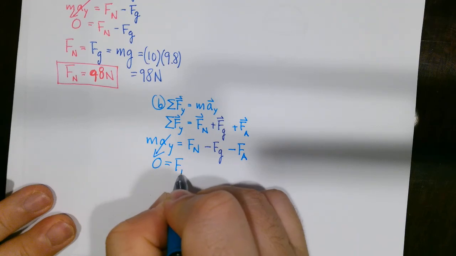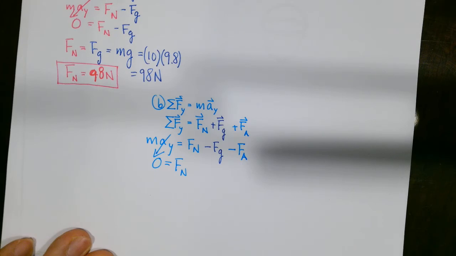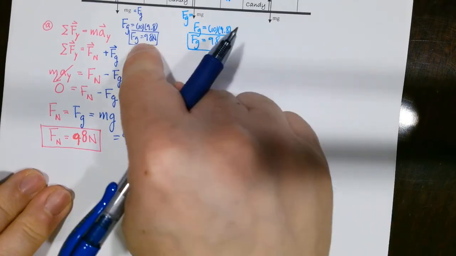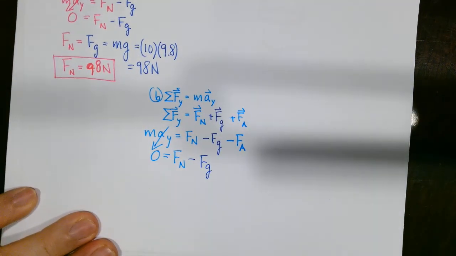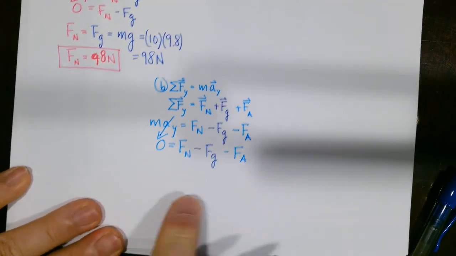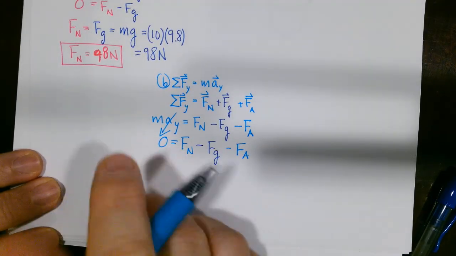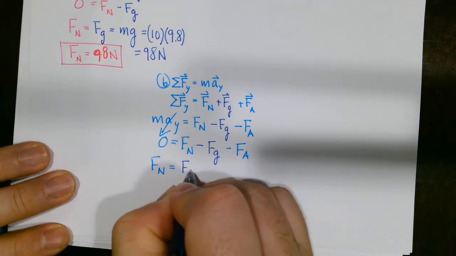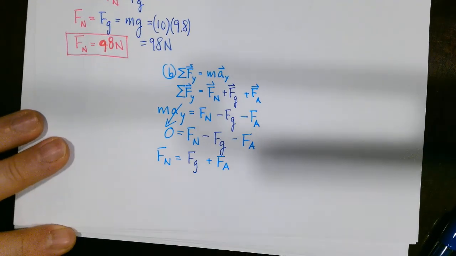So my force normal, in our case, minus Fg, we already know what this is. We already calculated it to be 98 newtons, right? So this is F normal minus Fg minus Fa is equal to 0. So if I solve for F normal by bringing these two negatives to the other side of the equal sign, my F normal then is equal to Fg plus Fa.